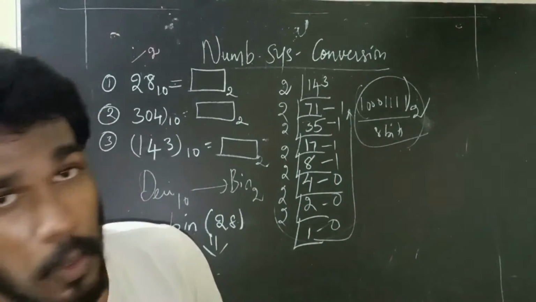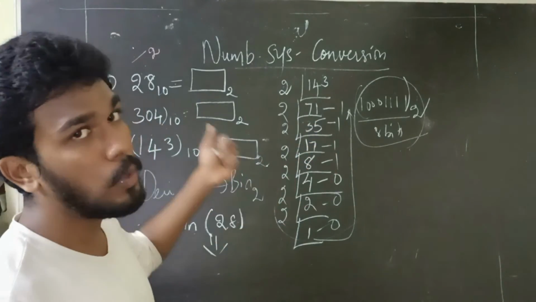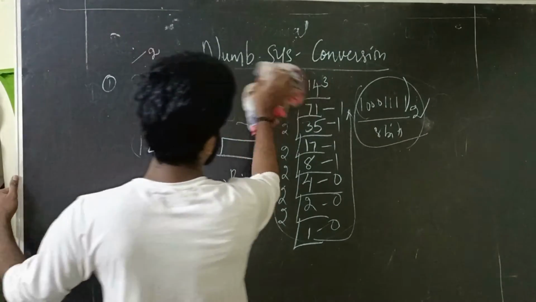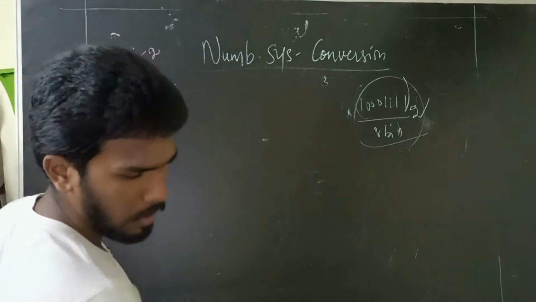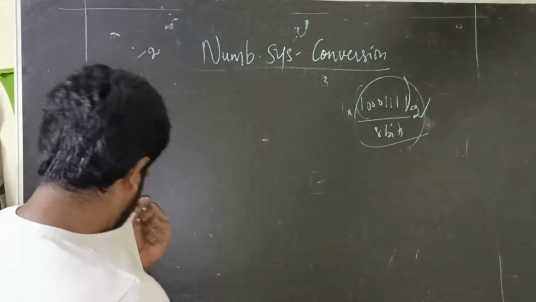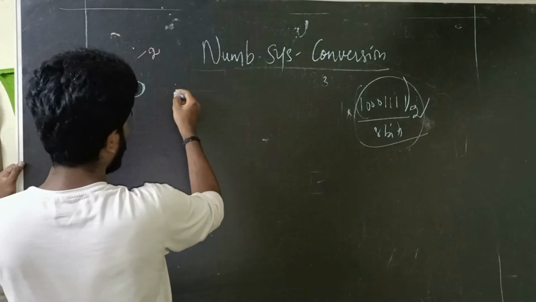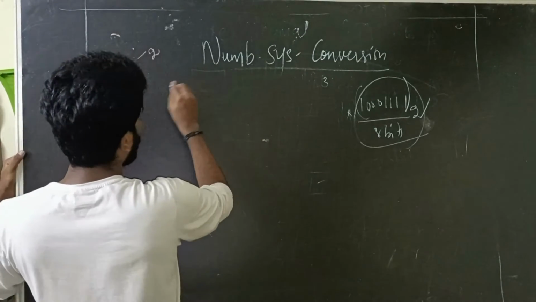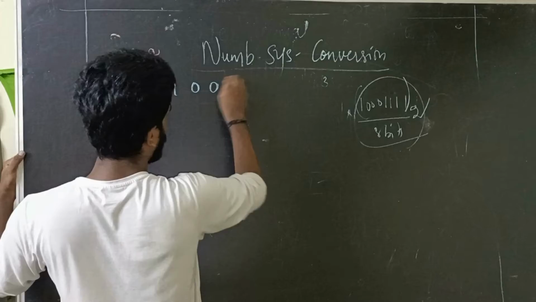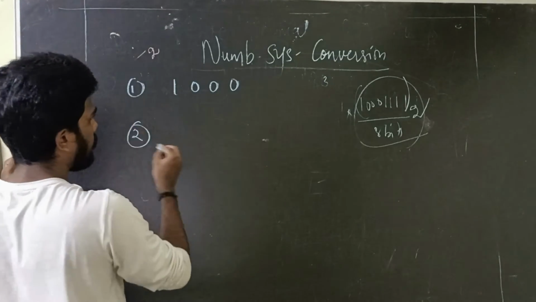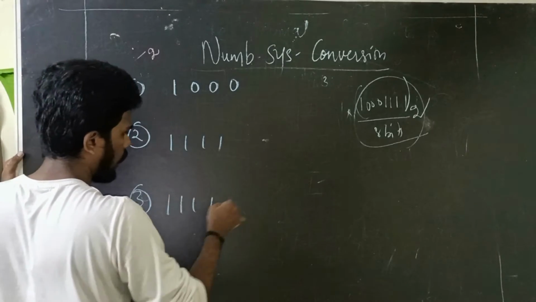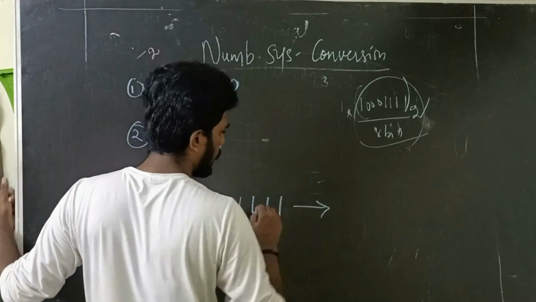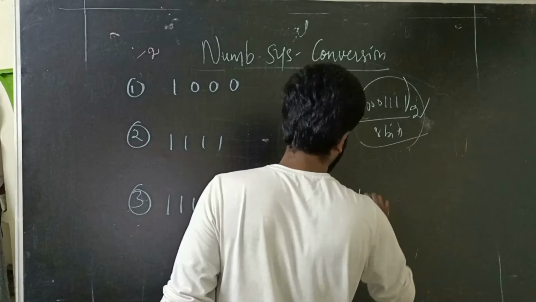Now let's see how to convert a binary number back to its decimal form. Let's take a few numbers: 1000, another number 111, and another number 11111111. This is the highest 8-bit number.